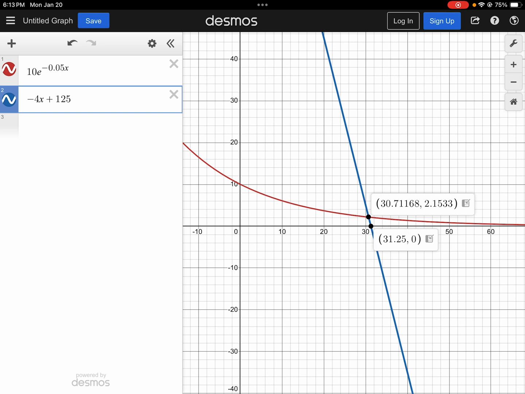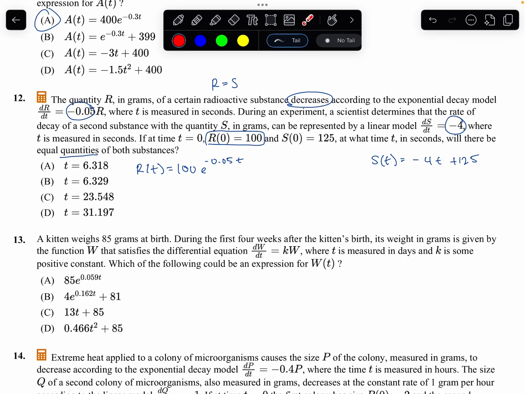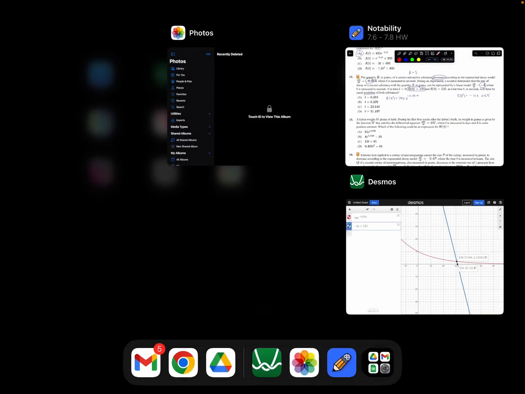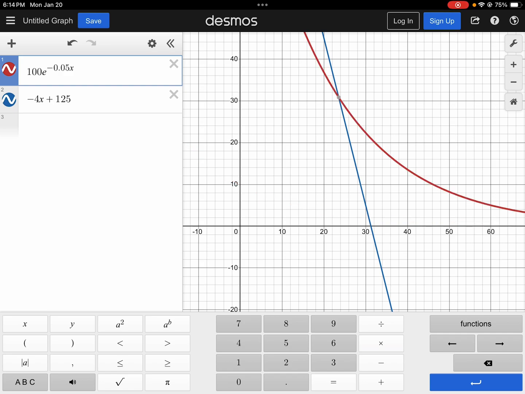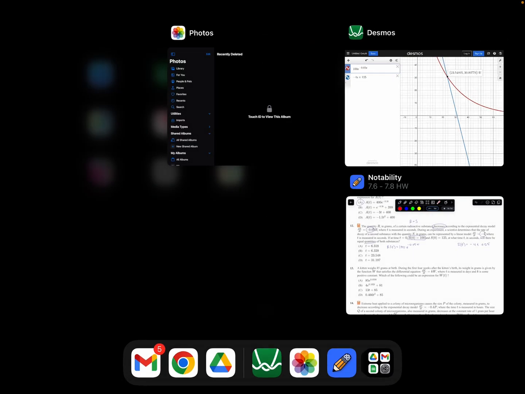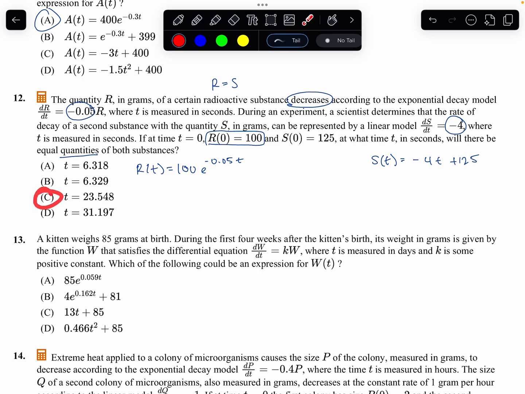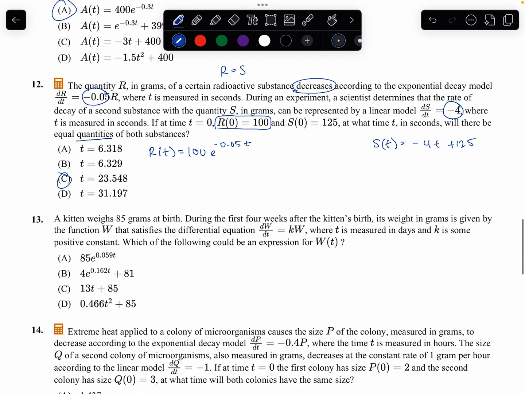So that's when t is equal to 30.7. Yeah, that's not any of our answers, is it? Oh, that's why. 100. 23.5. 20. There we go. C is the answer.